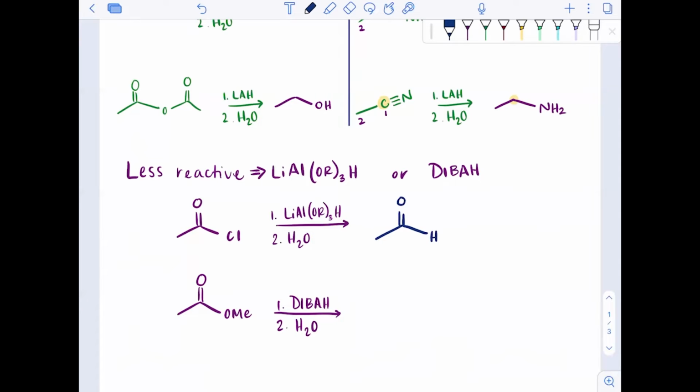DIBAL-H is the reagent to use for esters. Those again are both hydride reagents, but you can tell just by the acronym or by all of the things going on in these reagents, they are poisoned reagents. They are less reactive, and so they get to stop at aldehydes. Lithium aluminum hydride cannot stop at the aldehyde.